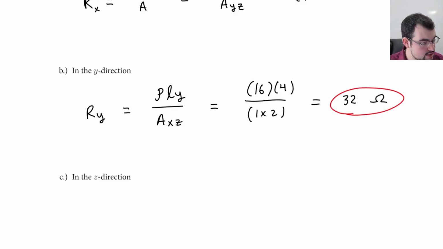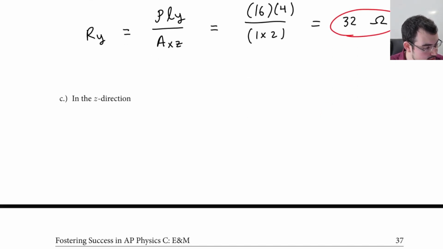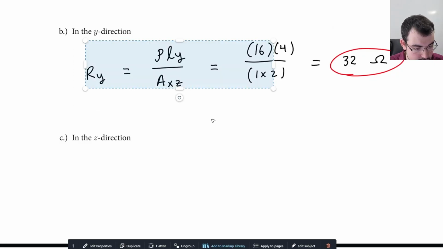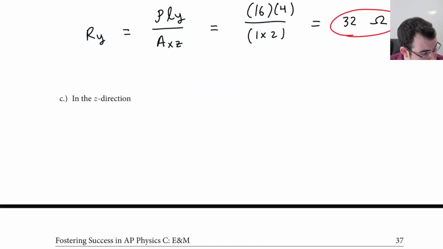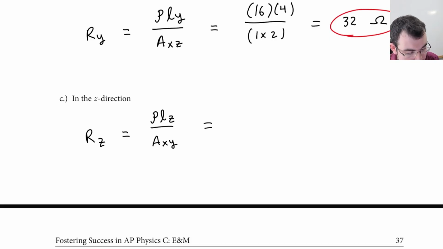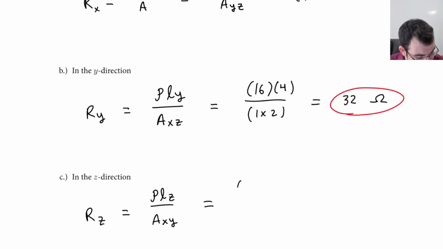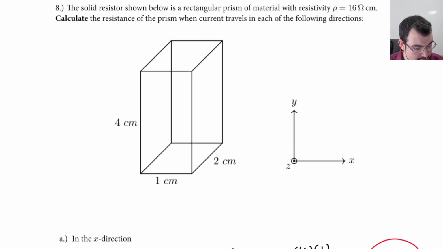And what about the z direction? Well, you know what it's going to be at this point. Yeah, it wants everything. Nope, laziness strikes again. Can't be lazy, have to write it out. Take the length in the z, take the area in the xy. So we know it's going to be 16 for our resistivity, multiplied by some length, and then we have some area. Okay, well, z direction, that's into the page.